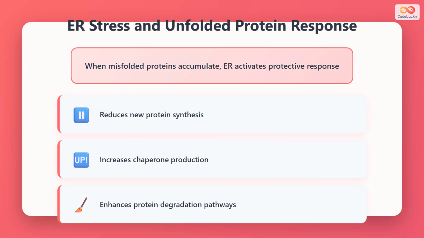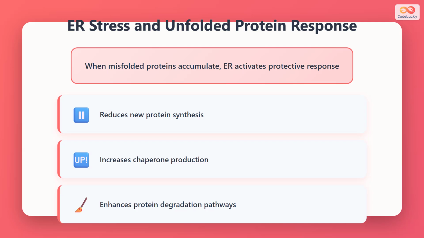Sometimes, misfolded proteins accumulate faster than the ER can handle them, creating a condition called ER stress. When this happens, the ER activates a protective response called the unfolded protein response. This response involves three coordinated actions. First, the cell reduces new protein synthesis to slow down the influx of new proteins.